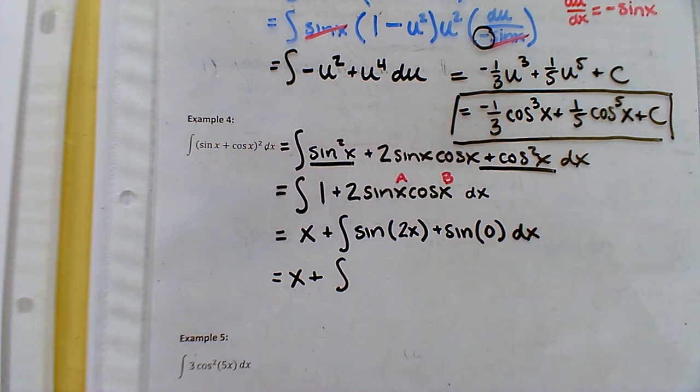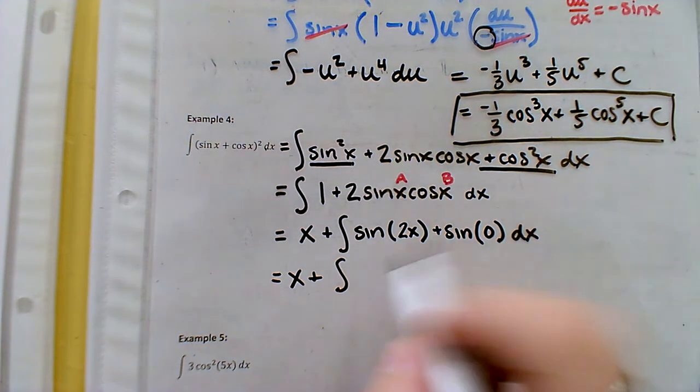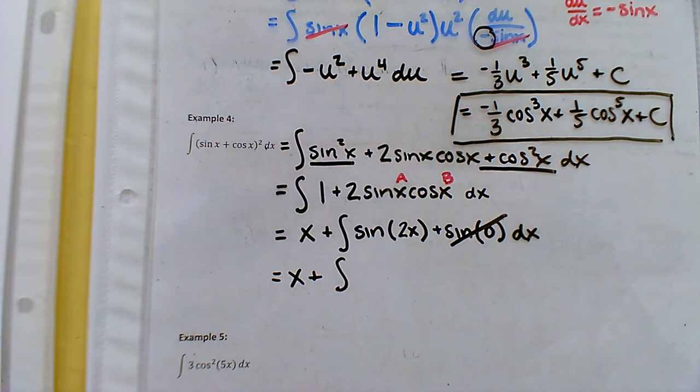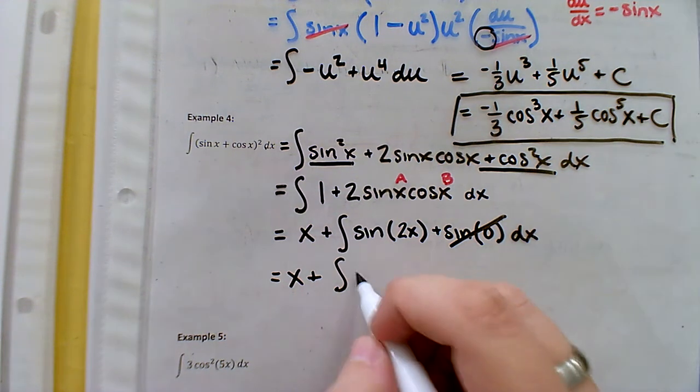Do we know what sine of 0 is? Cosine of 0 is 1. Okay? So this is actually going away. Sine of 0 is 0.